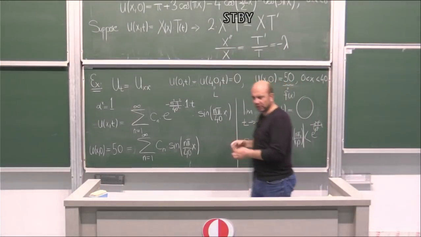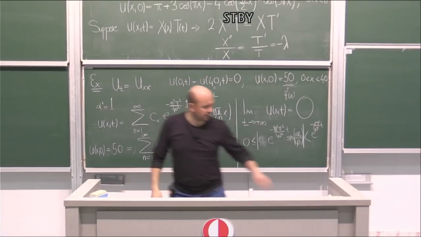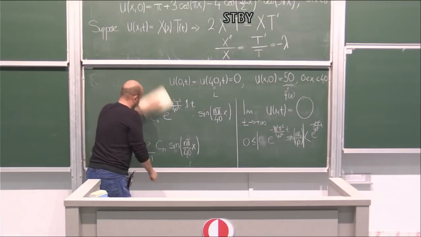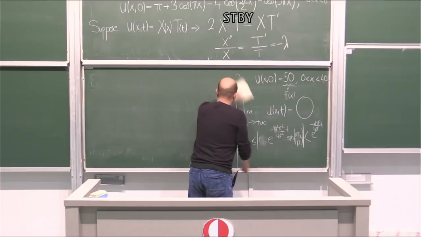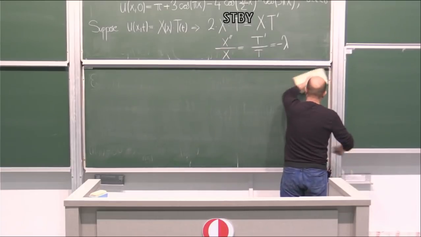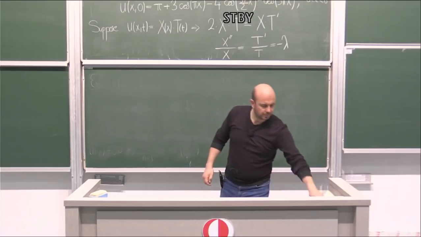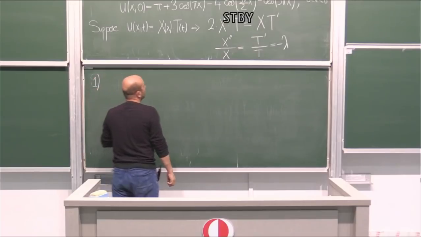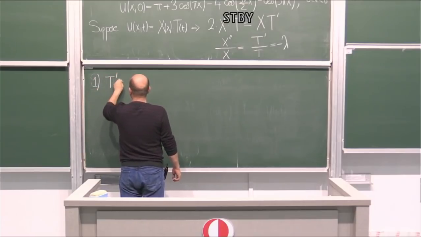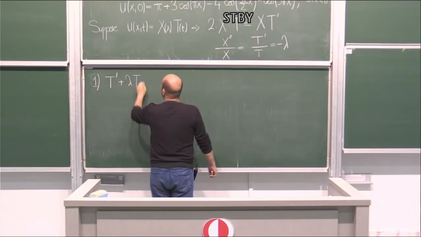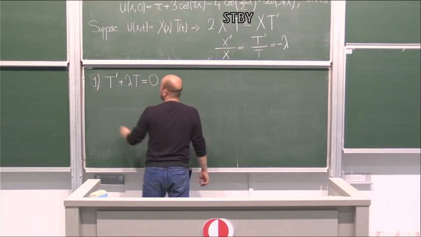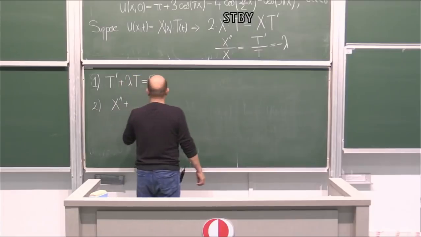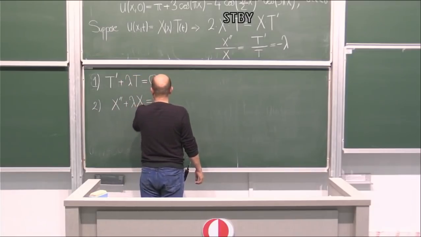From this we get the following ordinary differential equations. The first one: T prime plus lambda T is equal to 0. The second one is X double prime plus lambda X is equal to 0.